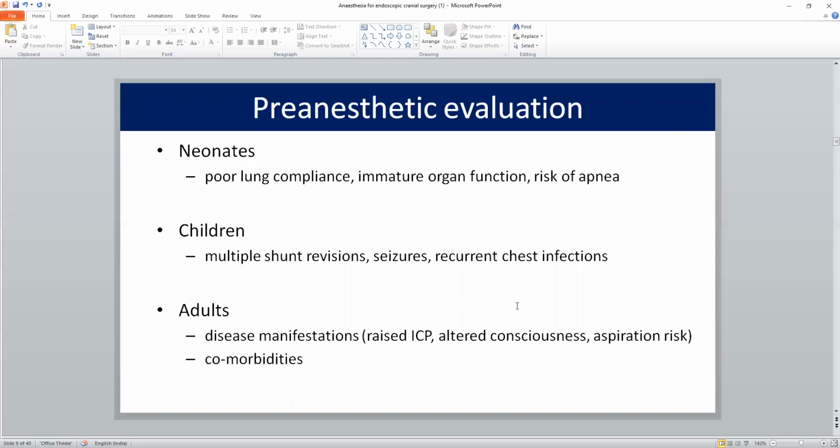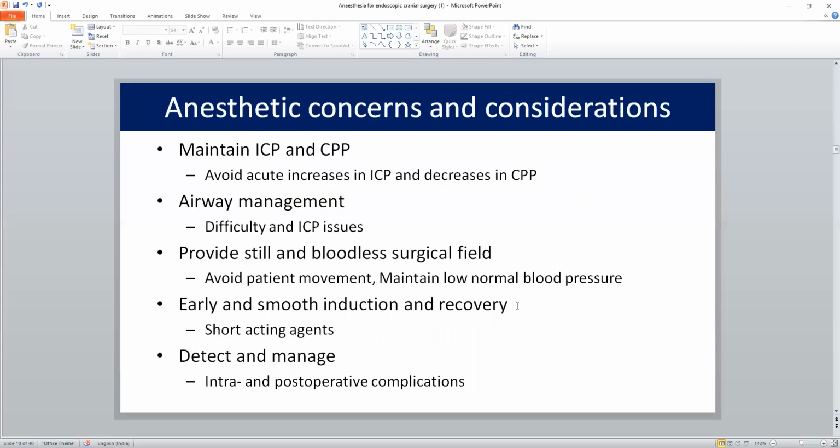So these are some of the things that should be noted in the preoperative period. In adults, these are generally disease manifestations such as raised intracranial pressure, altered sensorium, thereby rendering the patient at high risk of pulmonary aspiration. Co-morbidities in adults are common, and these should be evaluated thoroughly before the surgical procedure.